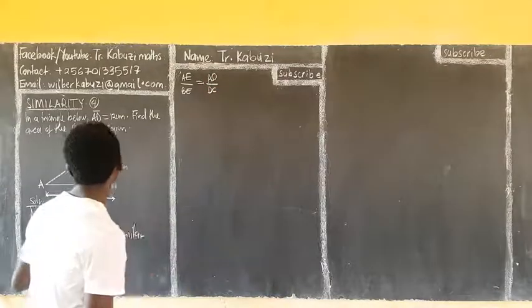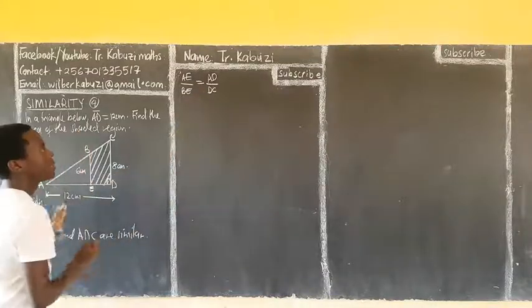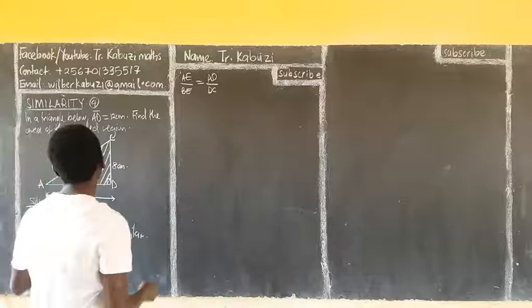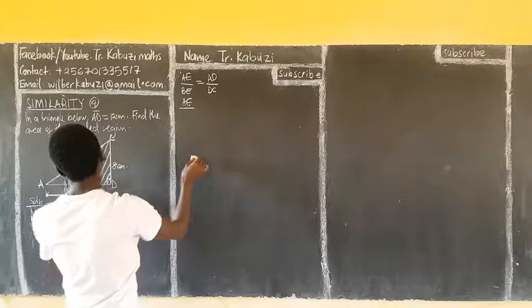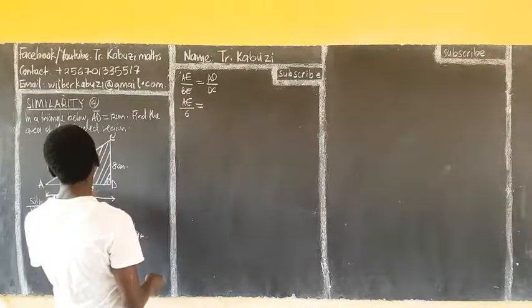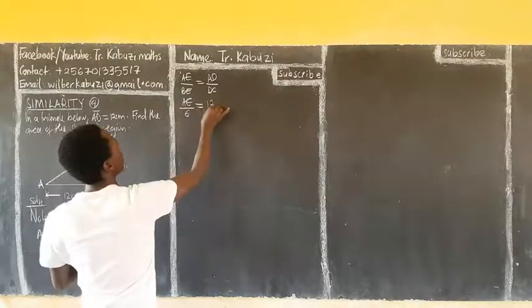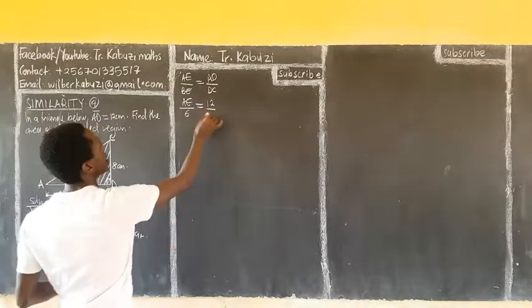You always note that if you take AE first, here you take AD. It's up to you. My AE is what I'm looking for. So my AE over BE, which is 6, is equal to AD, which is 12, over DC. Where is DC? This is here as 8.